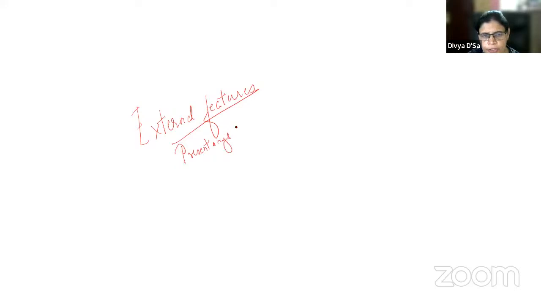So when we talk about the external features of the heart, what are we going to talk about here? First, we need to write about its presenting parts, which include borders and surfaces.